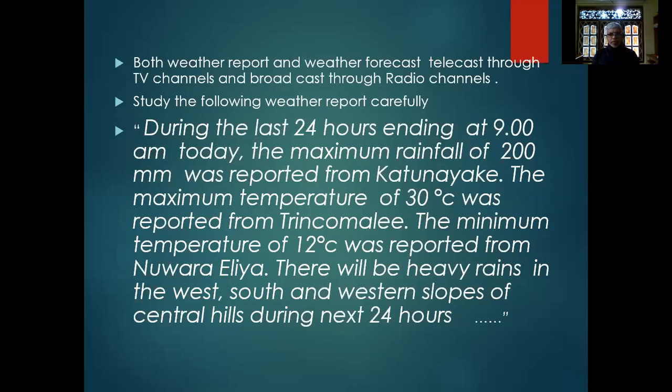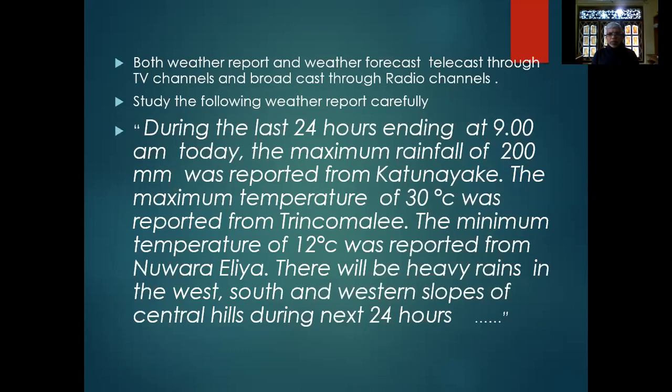I think the time is sufficient. During the last 24 hours ending at 9 a.m. today. That's the meaning. During the last 24 hours ending at 9 a.m. today, the maximum rainfall of 200 millimeters was reported from Katunayake.